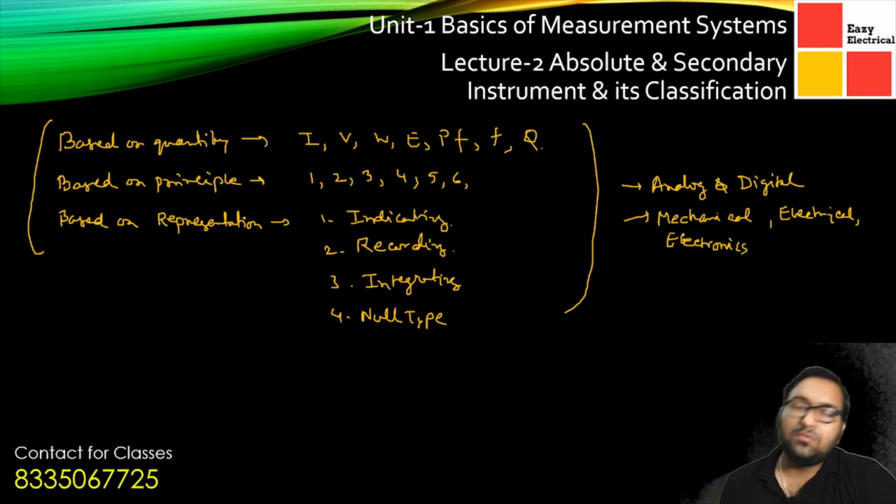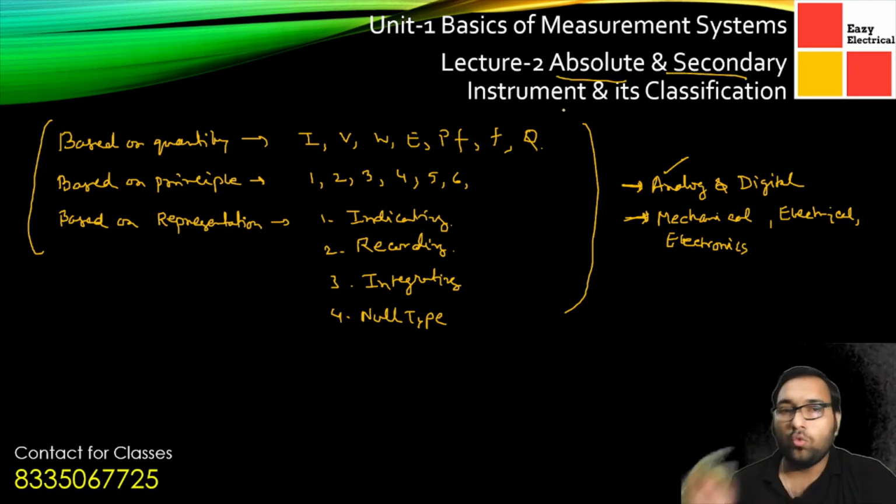These are some of the classifications based on the modern age. Whatever classification we have done up to now is all based on analog instruments. Similarly, digital instruments are also there. Some instruments are mechanical oriented, some are electrical, some are electronics. Now the overall classification we can see is absolute and secondary instruments.